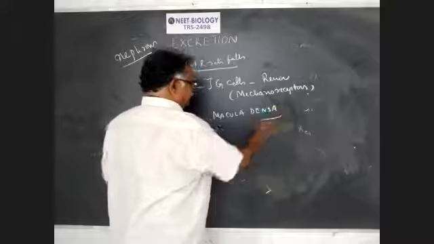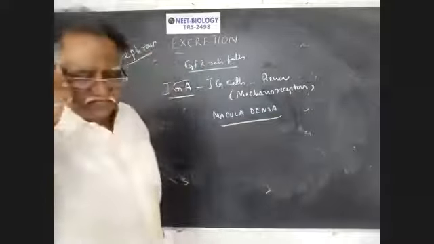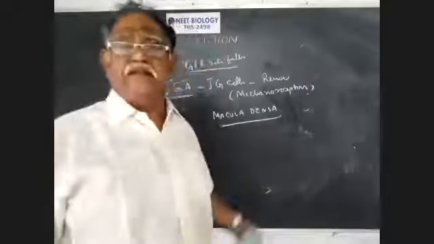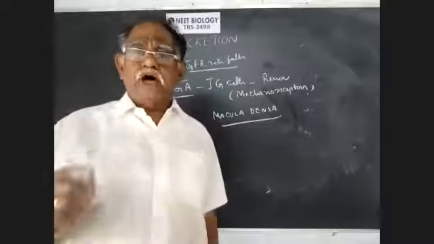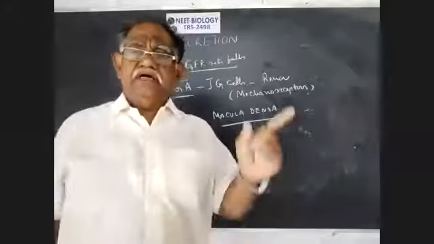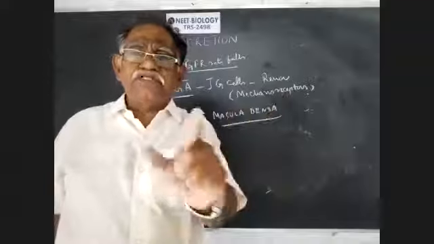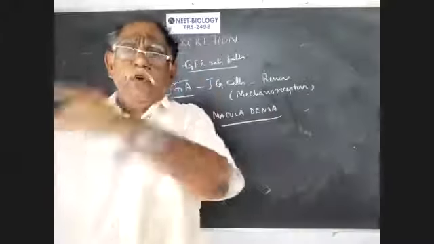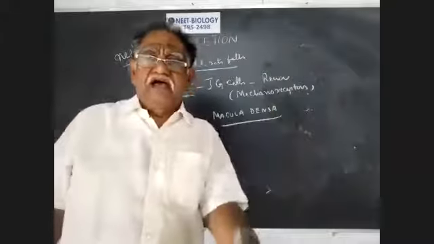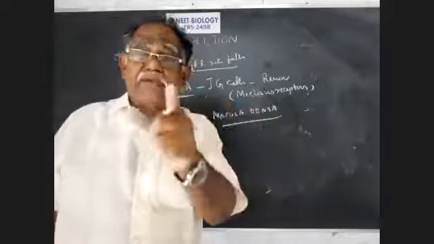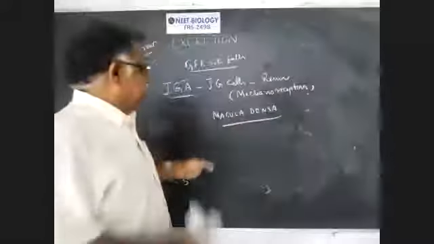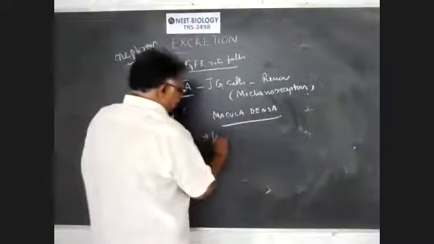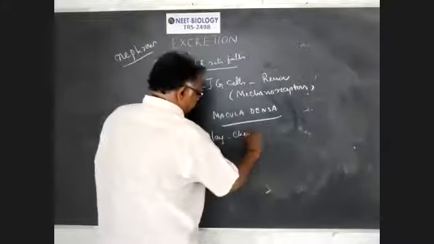This is not given in the NEET textbook. The NCERT textbook does not have this matter. So, the juxtaglomerular apparatus consists of JG cells which secrete renin when GFR falls and act as mechanoreceptors, whereas macula densa contains long chemosensitive cells.